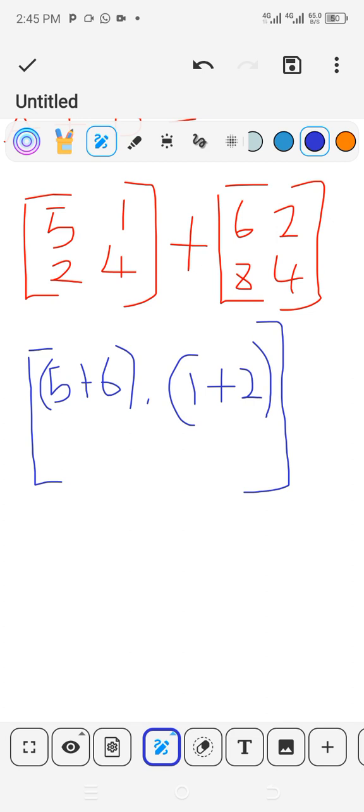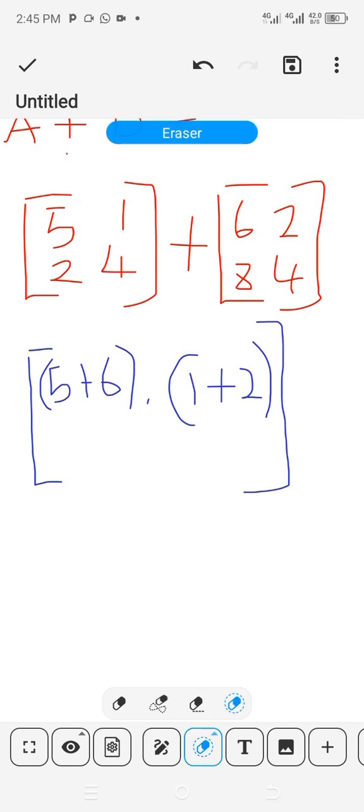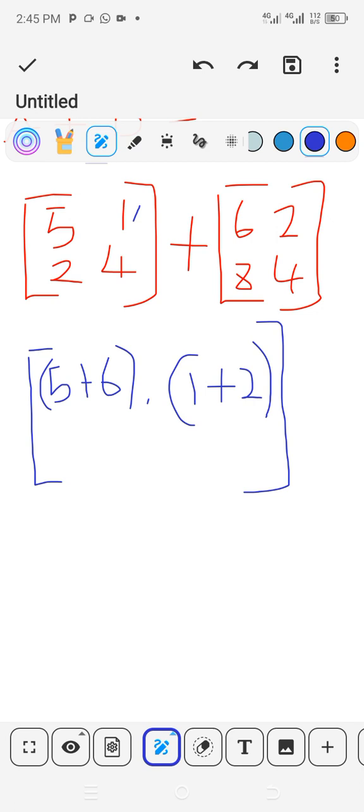The first one we did 5 plus 6. That is this 5 plus this 6. The next one we took 1 plus 2. This one here plus this 2. That's how we got these numbers in blue.